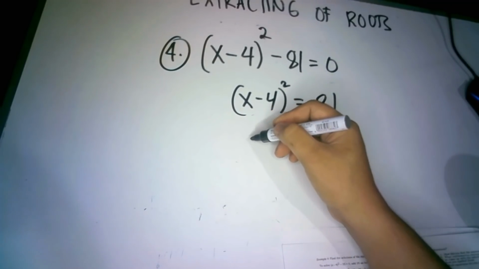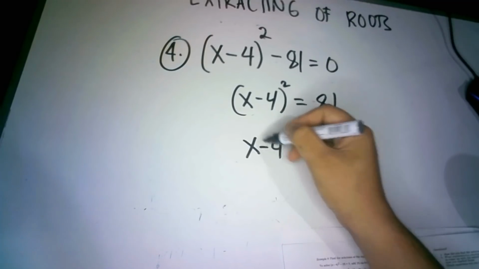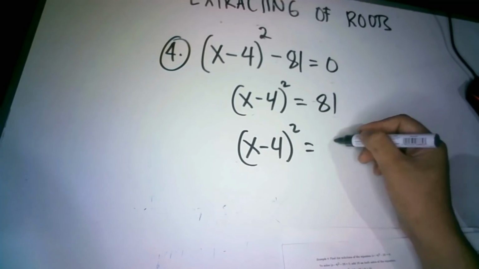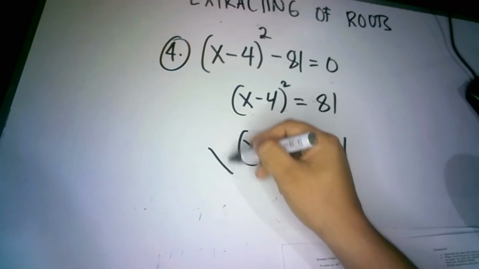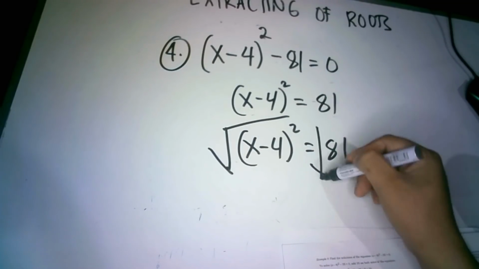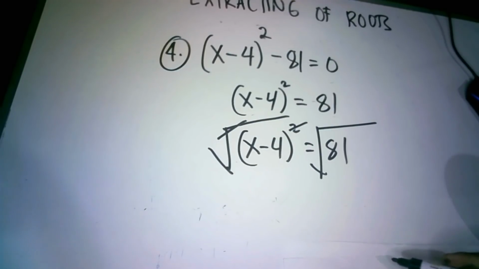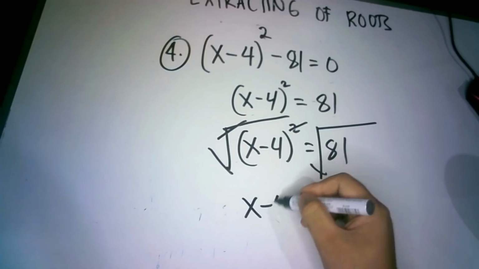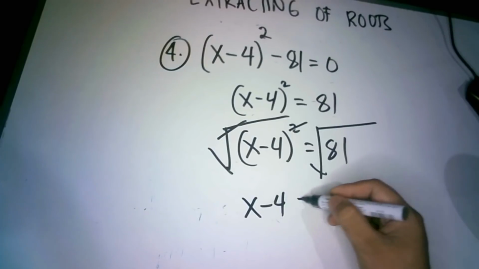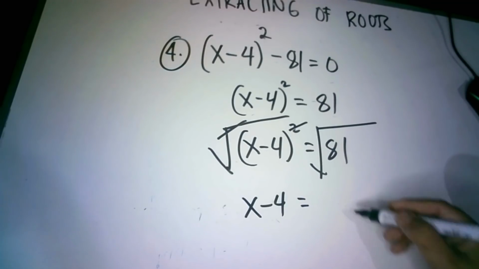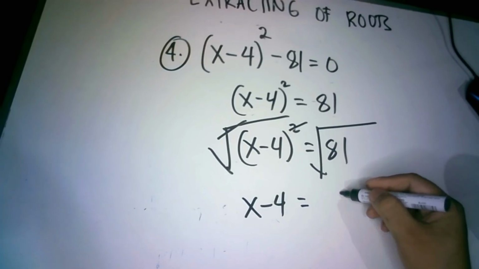We separate the constant. Next, we enclose it and use the radical sign to eliminate the 2. What remains is x - 4. On the other side, what is the square root of 81? Of course, 9.